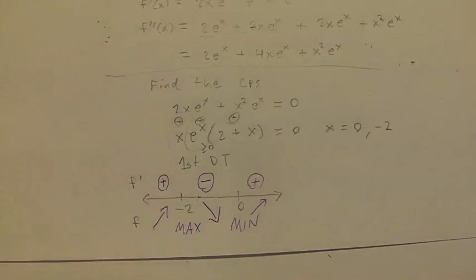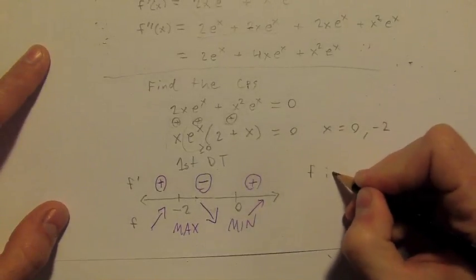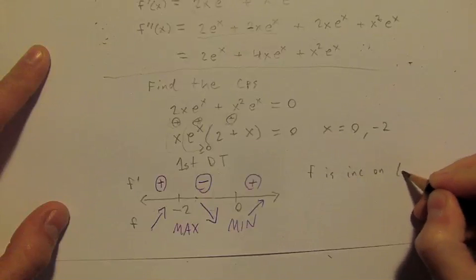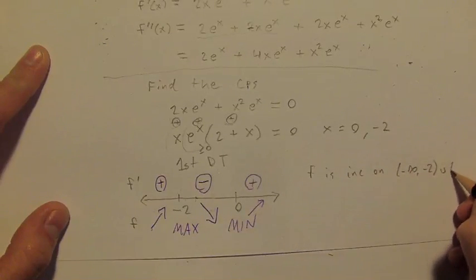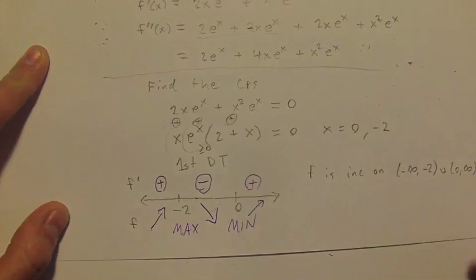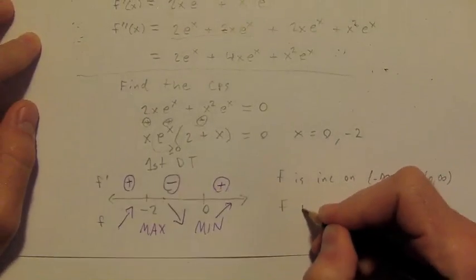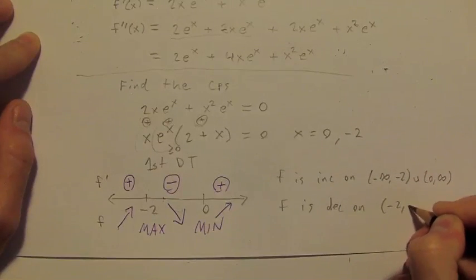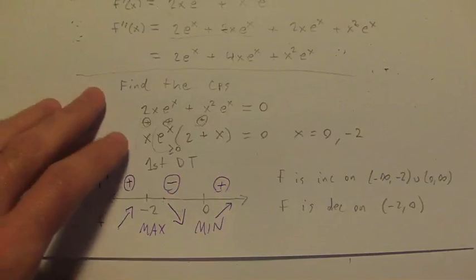And I have my intervals of increasing and decreasing, right? f is increasing on negative infinity to negative 2, union 0 to infinity. Let me shift that over so you can see it a little better. And then f is decreasing on negative 2 to 0. All right, so if you ask for intervals, we already have it.